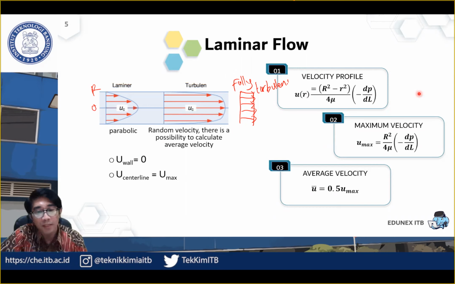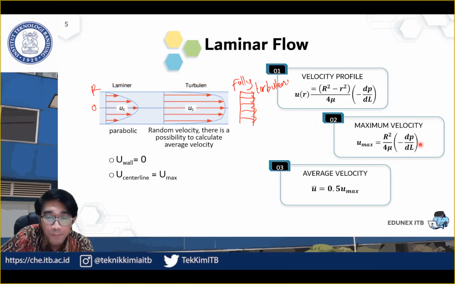Okay, so by using this profile, the maximum velocity at the center will be this one. At the center is the maximum velocity. You can use the data. Of course, you need to know the data of the pressure difference along the pipe length. dP per dL itu adalah perubahan tekanan per perubahan panjang.